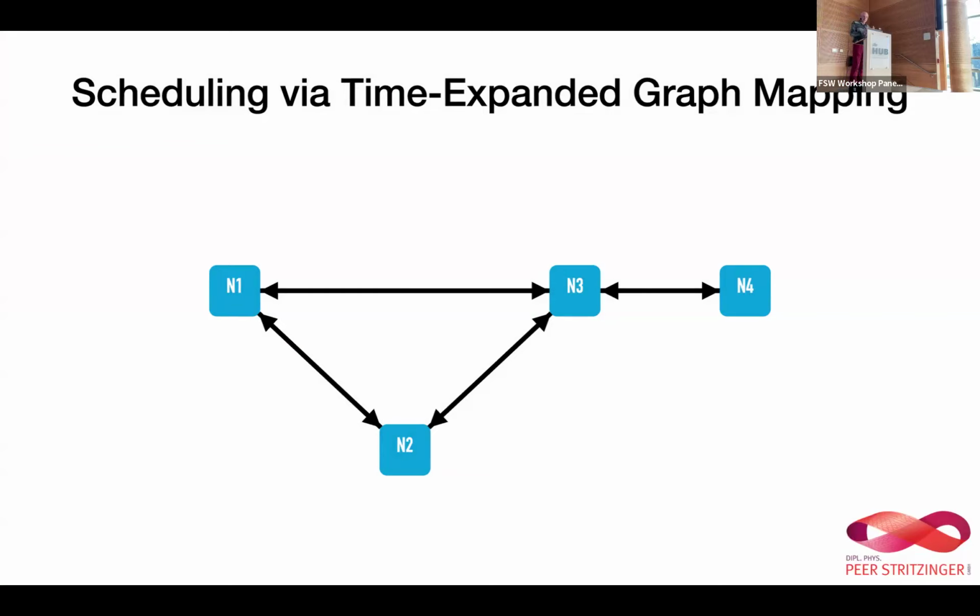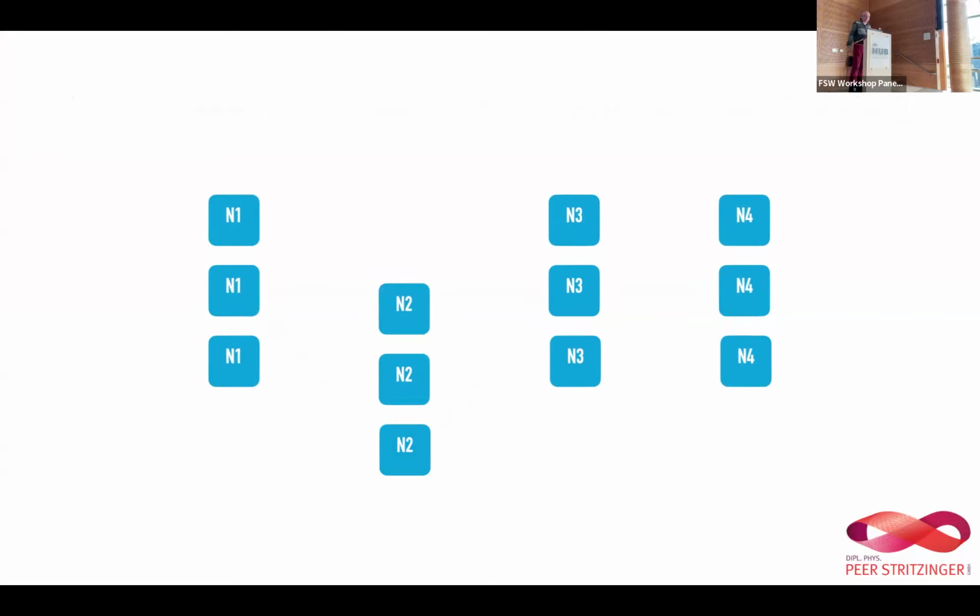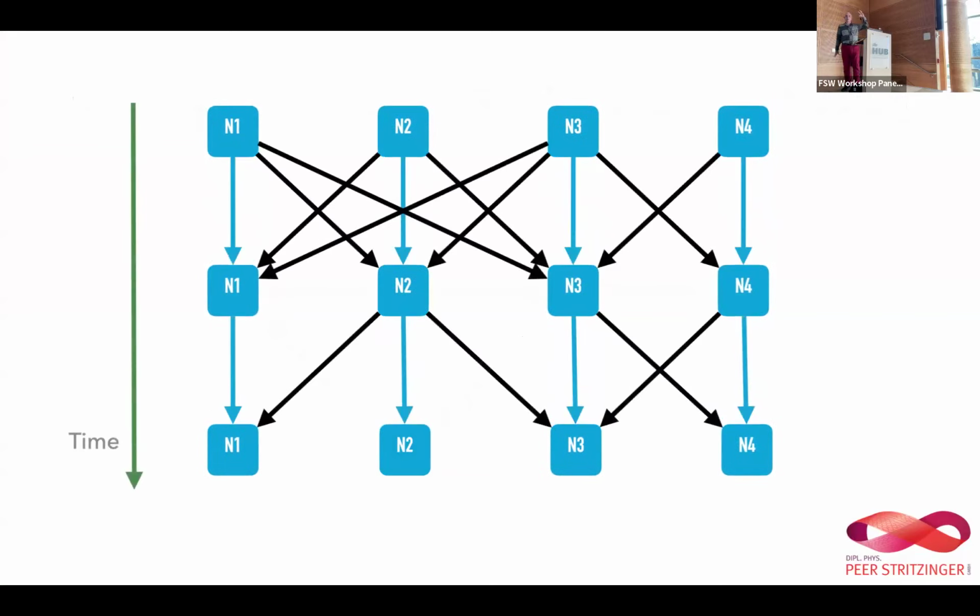But if you have this static topology and you spread it out along the time axis, you see then in the top layer that all these three nodes can still communicate with each other.